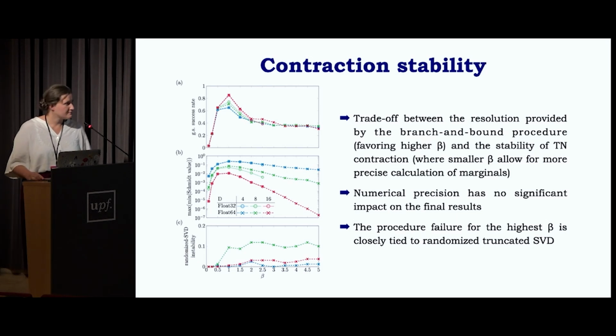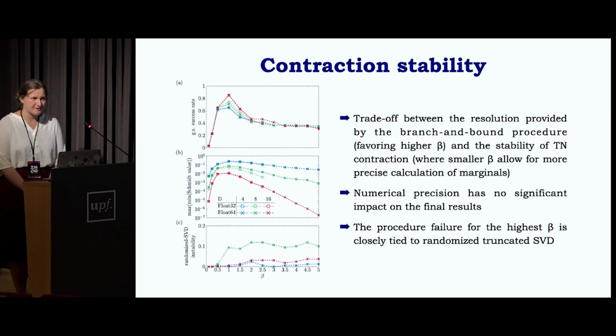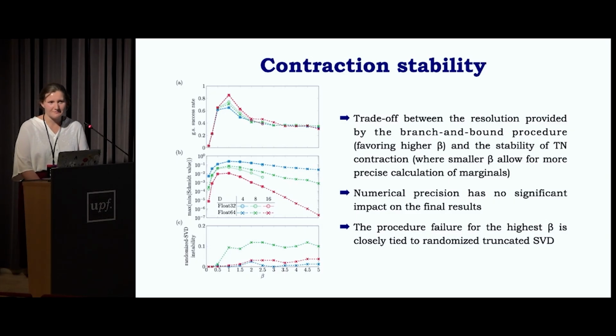So this may be linked to the randomized truncated SVD method which we use in the approximation of the boundary MPS, which is good for us because it is fast and it works in a matrix-free way, so we can use it for those large objects.